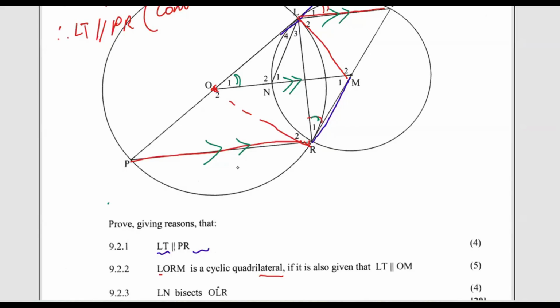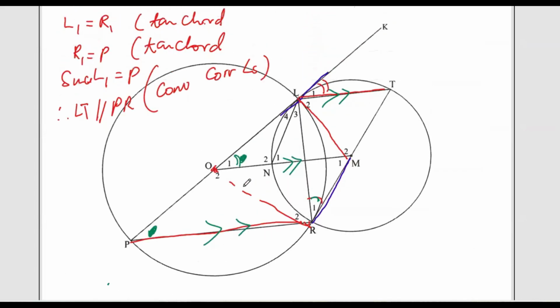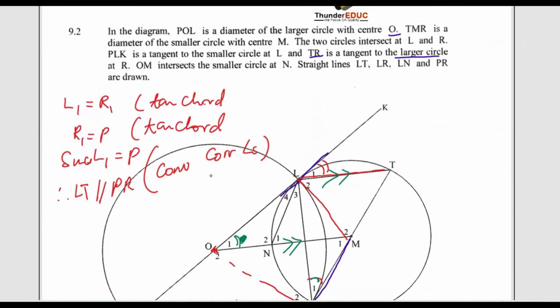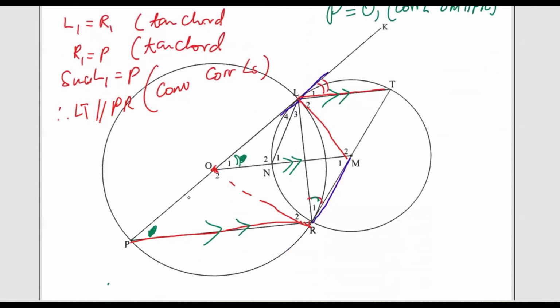So you're going to say that this angle here is also going to be the same as O1. Okay, so what I'm saying is that P is the same as O1. Reason, those are corresponding angles because OM is parallel to PR. Okay, so if this angle is the same as that, we proved that R1 was the same as P. We proved that earlier on.